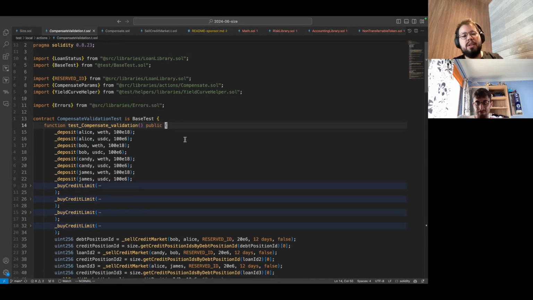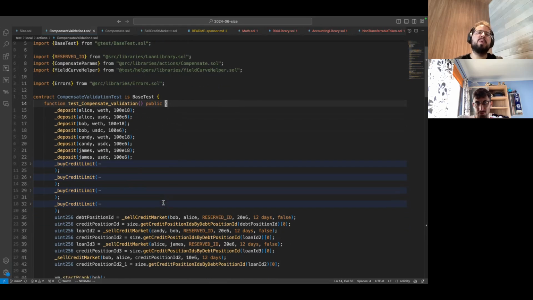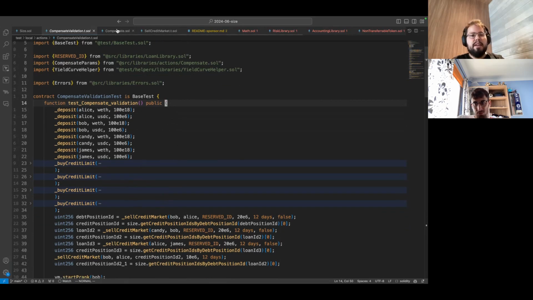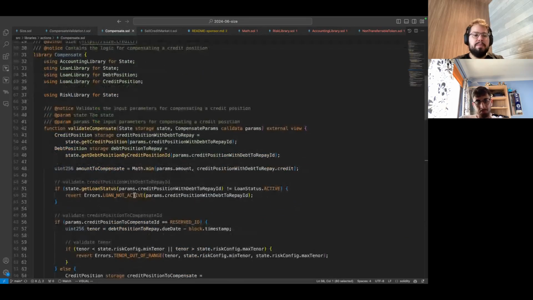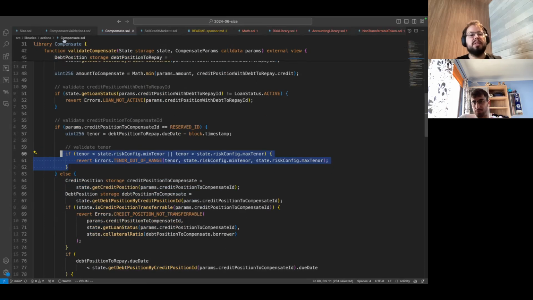If I were doing this today, I would probably split it into each one of the scenarios, like validate borrower, validate loan is not active, and then do a validation of an inactive loan. Validate out of range tenor, and then do the same thing.